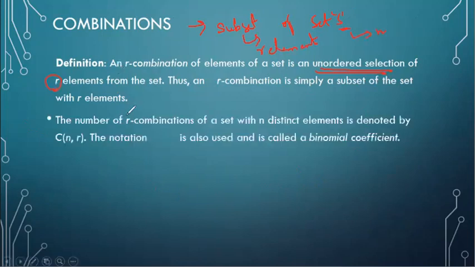Now the number of R combinations of a set with N distinct elements is denoted by C of N comma R, or it can also be written as NCR. The notation with N over R is also used in this way. This is also known as the binomial coefficient. So if you remember your binomial theorem, NCR is the coefficient of your term. So this is your binomial coefficient.